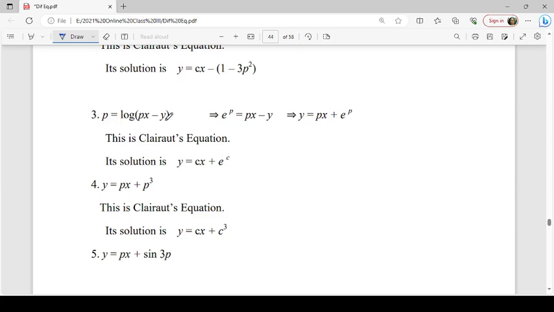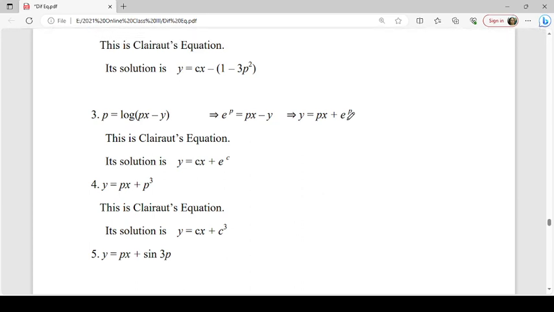So these are Clairaut's equations. This px minus y, so you eliminate log. If we eliminate log, we take the exponential power. So e to the power p is equal to, e and log will go, remains px minus y. So e to the power p is equal to px minus y, then y is equal to, take y to the left hand side, e to the power p to the right hand side, so it is px minus e to the power p.